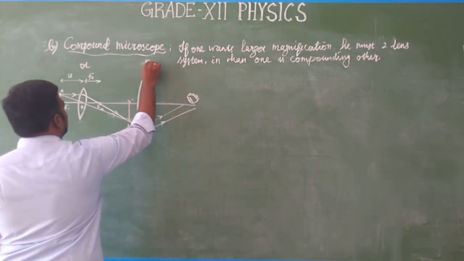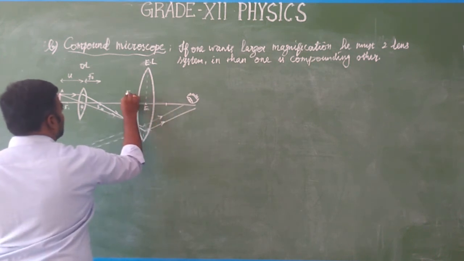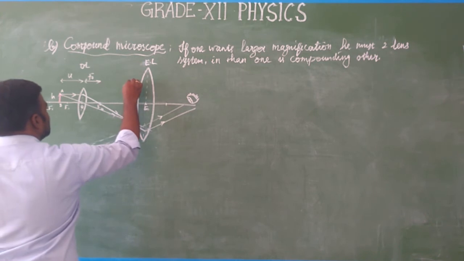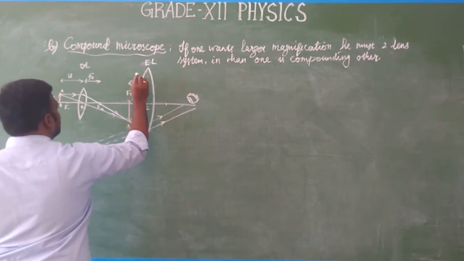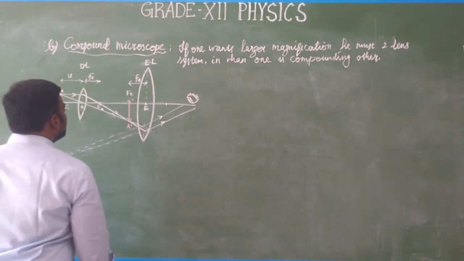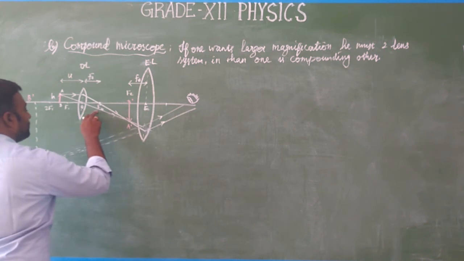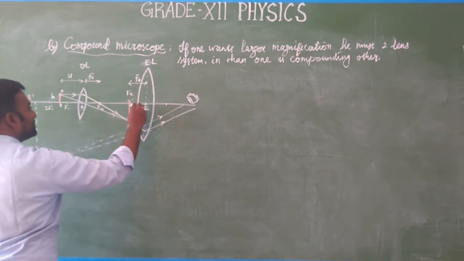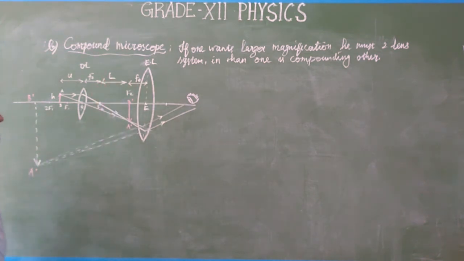The eye lens has focal length FE, the distance from the center to the focus. The distance between the principal focus of the objective lens and the principal focus of the eye lens is called the tube length, denoted as L.